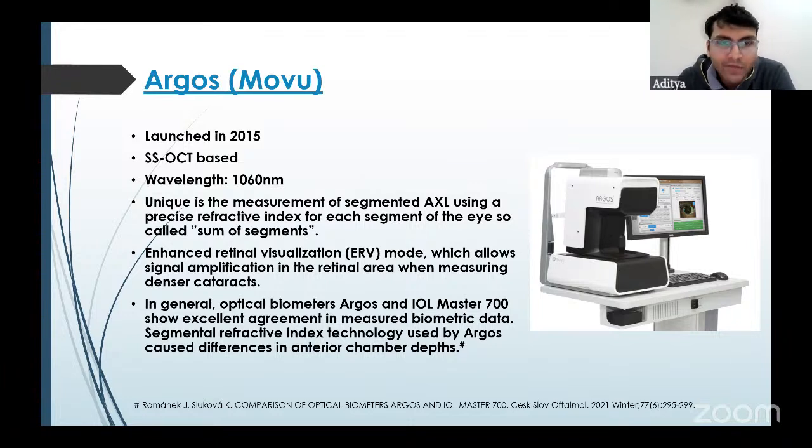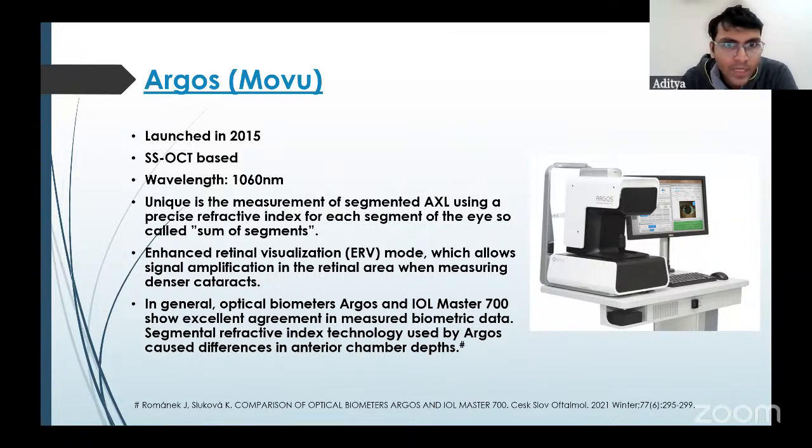Like for cornea, it will measure based on its refractive index, then ACD based on its refractive index. As compared to the composite refractive index, as stated earlier, which is utilized by IOL Master 500, Lenstar 900, and IOL Master 700, which utilize group refractive index, that is a mean, to calculate the axial length.